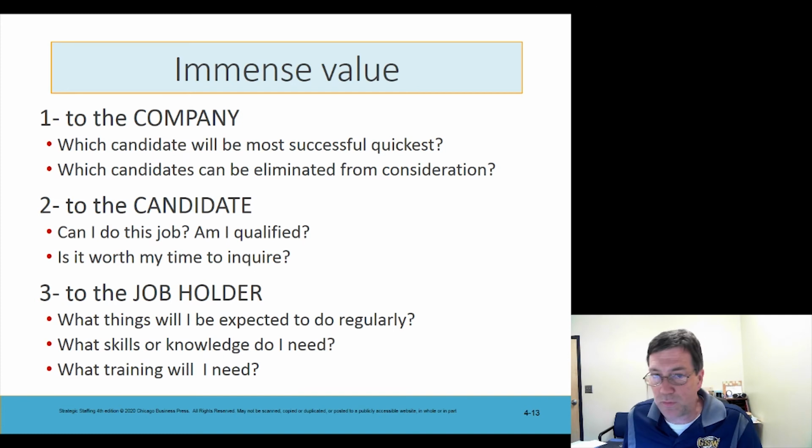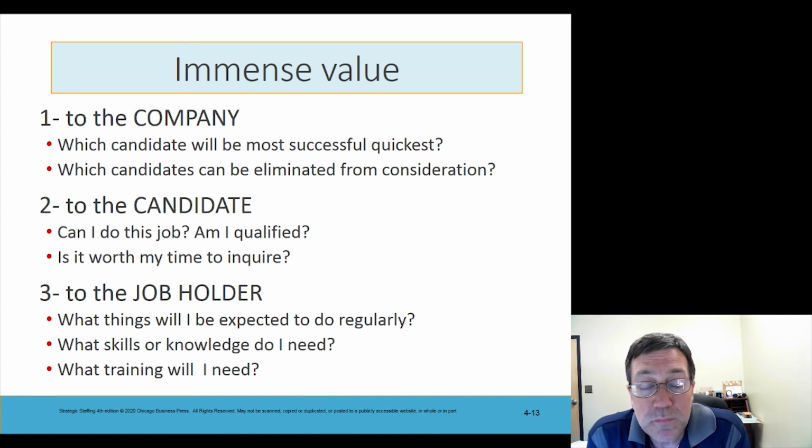There's the overview of the first part of Chapter 4. One of the things we're going to do in this class coming up here real soon is to develop a job description. So I want you to be thinking about the extensive process that goes into analyzing a job to figure out what those functions are, what those knowledge, skills, and abilities are that make you successful.